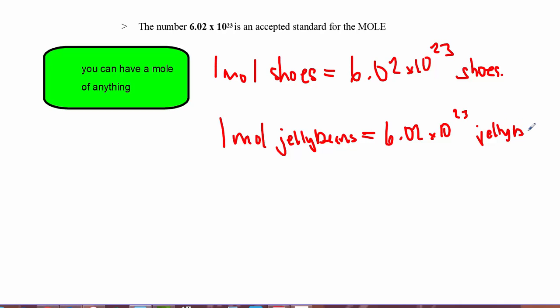So you can see here that Avogadro's number itself doesn't have any units because you can have a mole of anything. But obviously in chemistry we don't talk about shoes and jelly beans very often. So that means that if you have a mole of magnesium, then you have 6.02 times 10 to the 23 magnesium atoms.